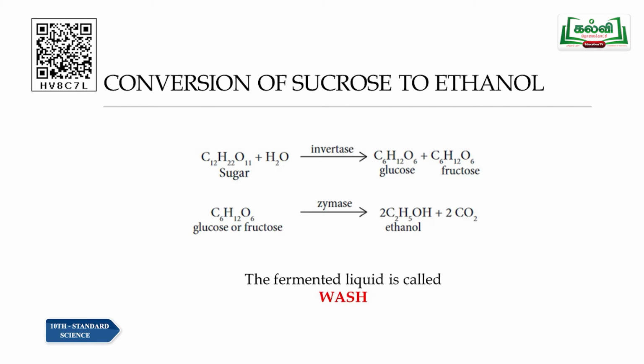There is another enzyme present in yeast called zymase, and this enzyme converts glucose or fructose into ethanol and carbon dioxide. It is because of the formation of carbon dioxide that we can see the bubble formation in the fermented liquid. So, ethanol is manufactured from sucrose in this way.